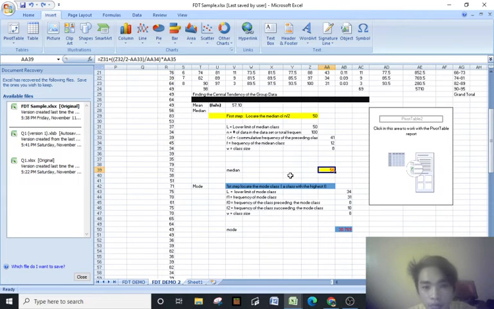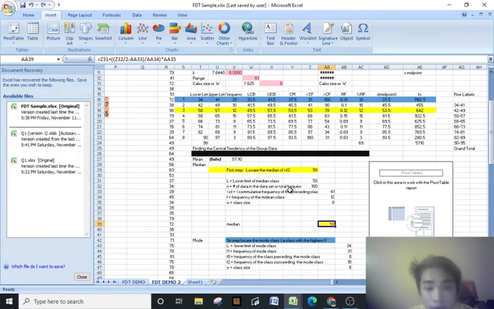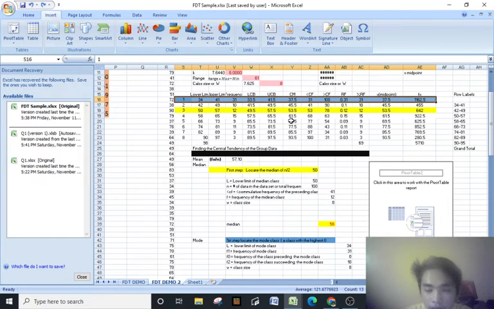To get the mode, we find the class with the highest frequency, the mode class. The frequencies are 31, 10, then 12, 15, 9, 11, 9, 3. The highest frequency is 31. I highlighted it because it has the highest frequency.